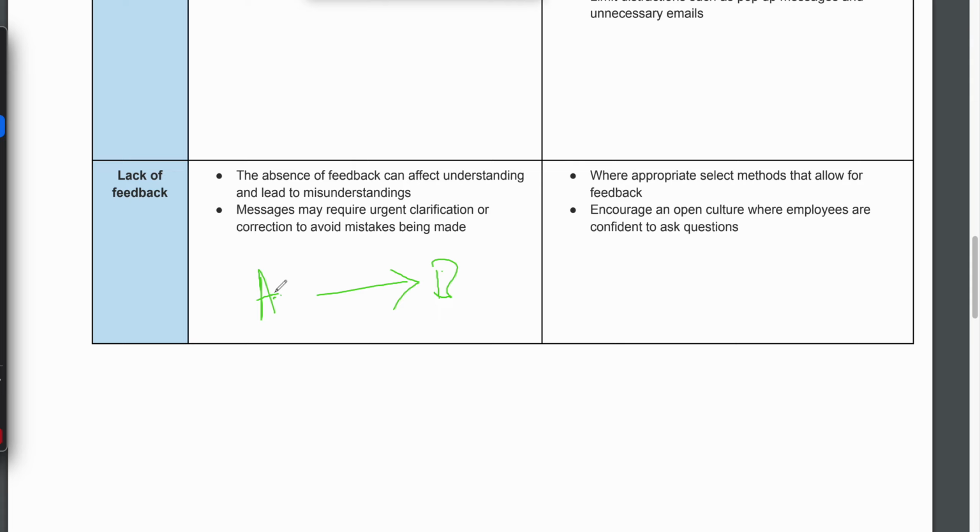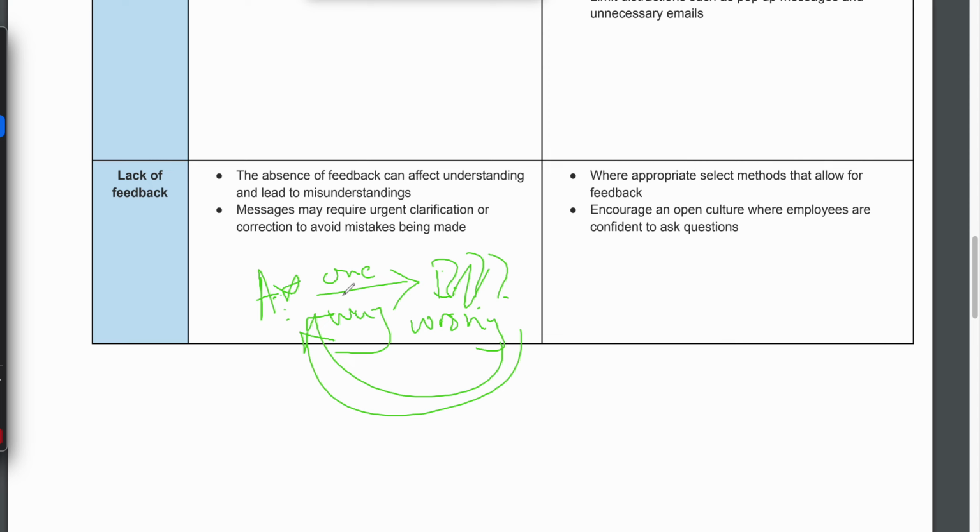If we communicate in only one channel, a one-way type of communication, where A is just telling B but B is not given room to respond, B is just going to act on what he has understood. Even if the information received is not correct, they're still going to act on the wrong instruction because there is no room to ask questions back for clarity from A. I hope that makes sense.